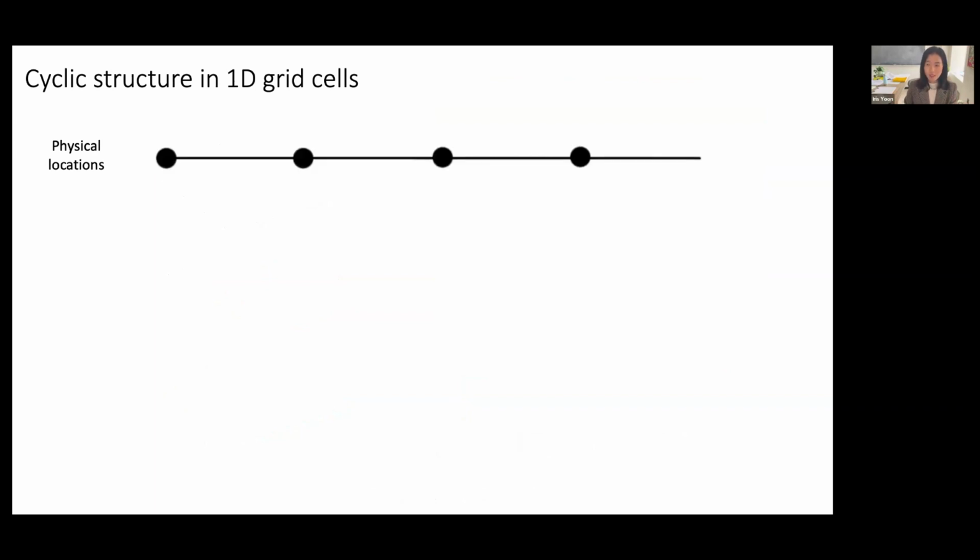The grid cells in this case are going to be neurons that fire in response to specific locations on the line that are at regular intervals. So the black dots indicate the locations that would cause one of the neurons to fire. Maybe you have another grid cell that's indicated by the red, yellow, green, and so on and so forth.